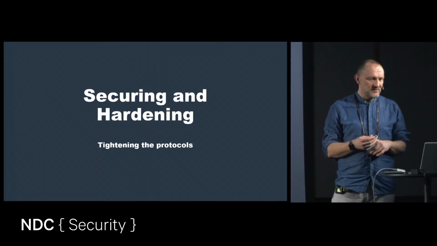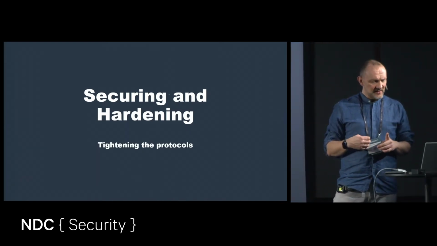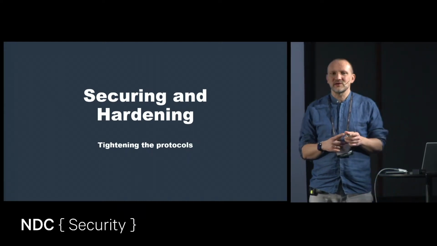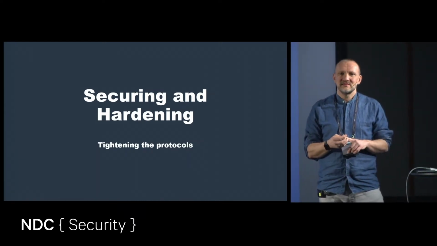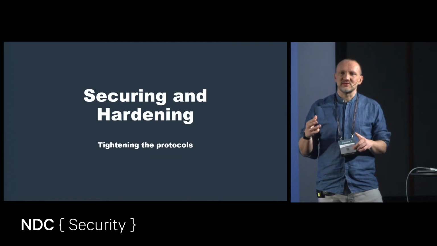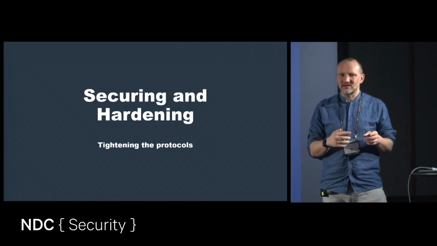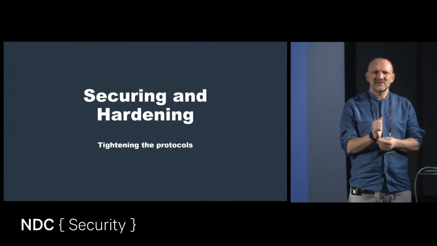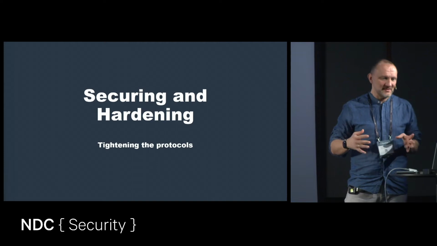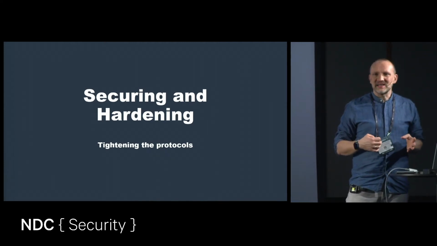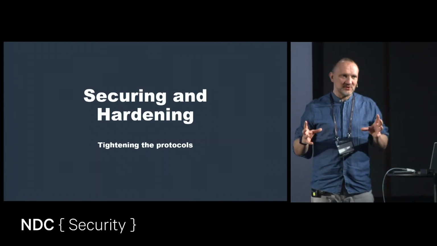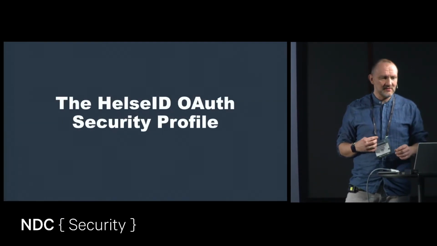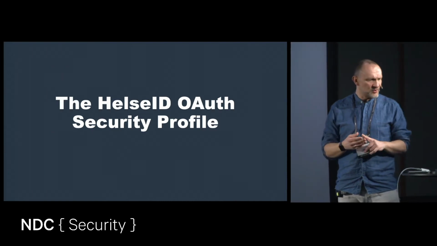So we build on the FAPI2 profile, and we have hardened it, and we use the parts of the protocol that are already standardized. The FAPI profile points to some features that are being standardized now. We are not using them yet. And there are some features that may or may not fit into how the Norwegian health sector works. So we have the HelseID OAuth security profile.